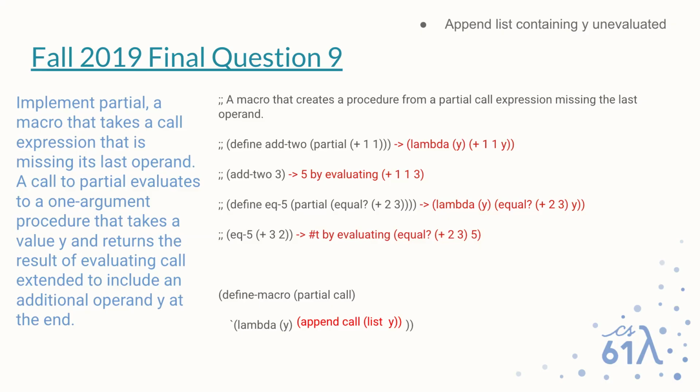So in this circumstance, what should we do? Unquote. Yes. So what we do here is that we unquote append call list y. So now we know what this thing evaluates to. But then we also quote y because we want the literal y variable because our lambda takes y as a parameter.